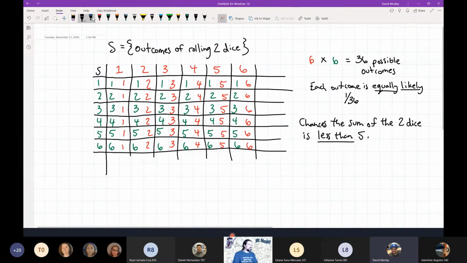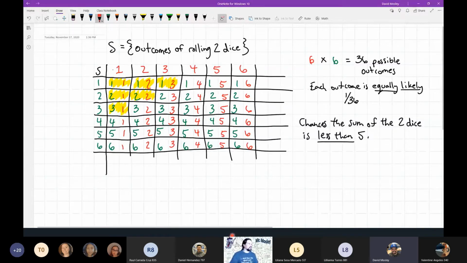So I'm going to go through here and say, well, 1 plus 1 is 2, 1 and 2 is 3, those ones qualify, 2 and 2 is 4, 1 and 3 is 4, 3 and 1 is 4. This next diagonal, 4 and 1, 3 and 2, 2 and 3, 1 and 4, are equal to 5. They don't count. I want less than 5.